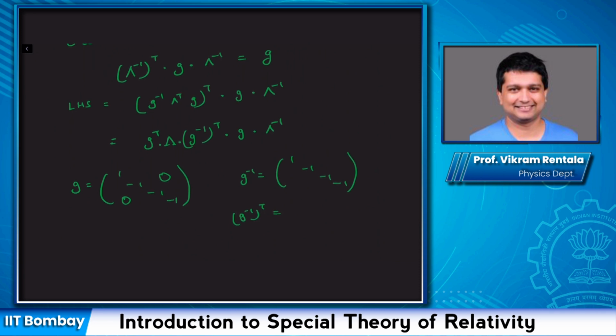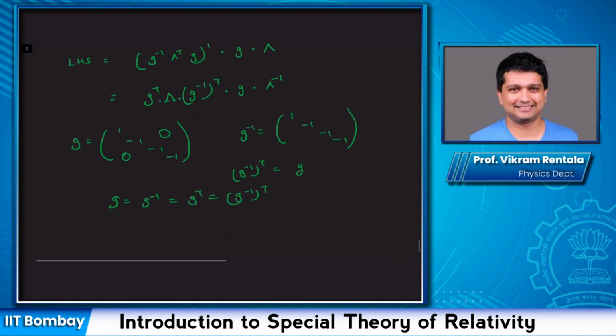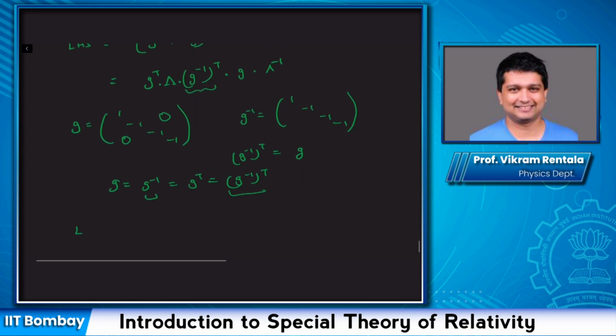That's just equal to G. So G is the same as G inverse, which is the same as G transpose, which is the same as G inverse transpose. All right, so what that does is it tells us that G inverse transpose can be just written as G inverse.